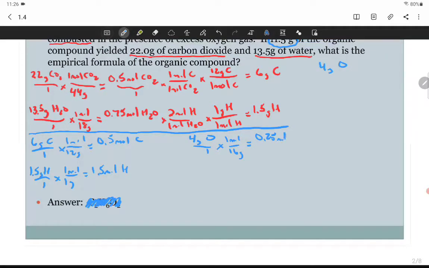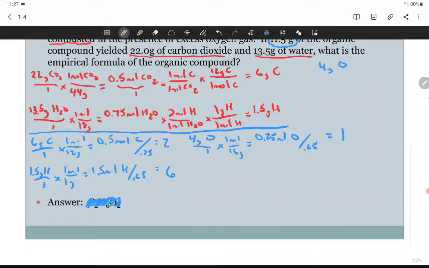0.25 moles. So now all we got to do is figure out which is the smallest of those, and 0.25 is the smallest, so divide everything by 0.25. 1, 2, and 6.